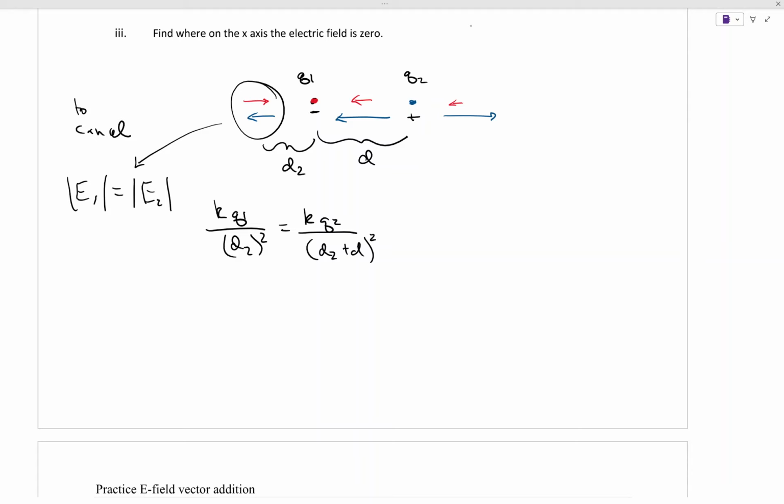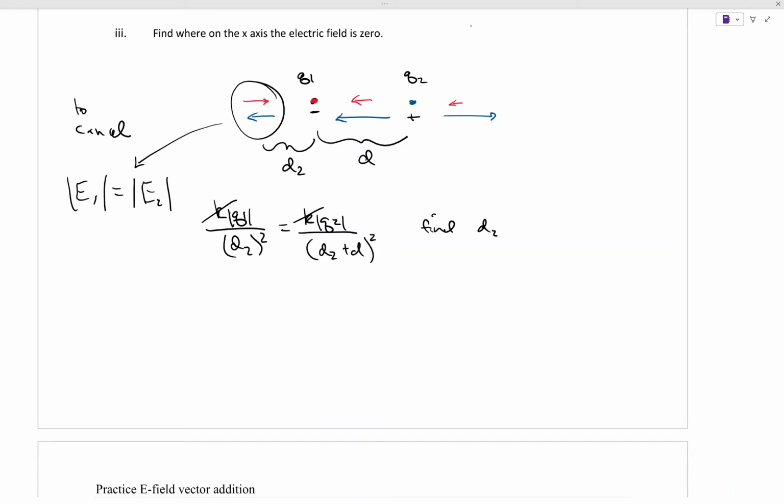So that's our condition. So basically what we need to do is solve for d2. Some of the stuff is going to drop out, like k. Again, we're talking about the magnitudes here, so let me make that explicit by putting some bars in there.